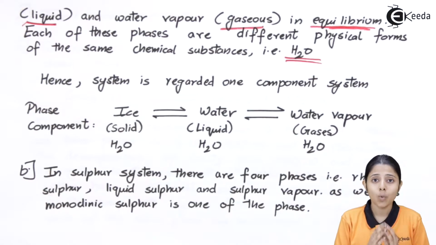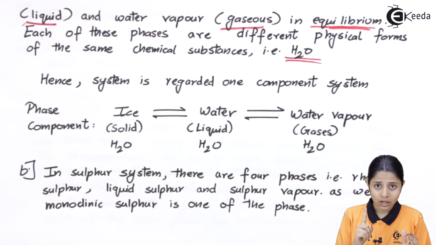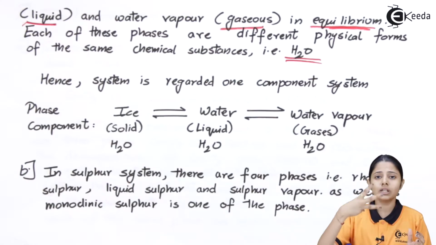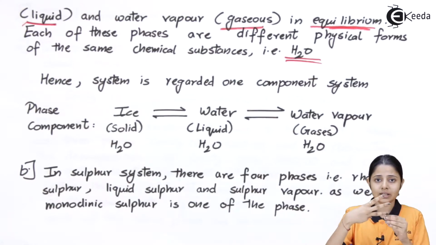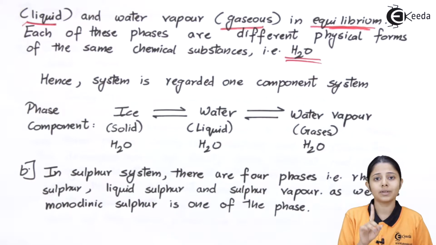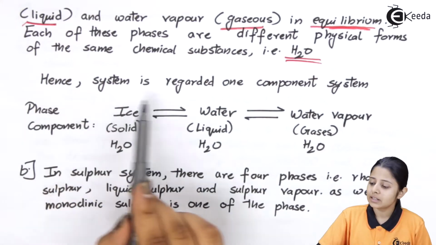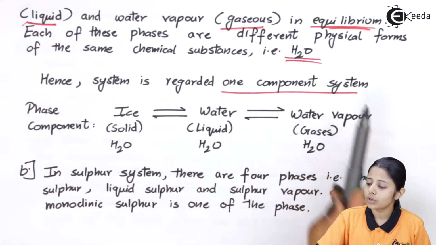That means the components of all the three phases are the same. And if the components of all the three phases are the same, it will become a one component system. This system consisting of three different phases: solid, liquid and gas, but these solid, liquid and gas are made up of just one component, that is water, and that's the reason why we call this system as one component system. Hence system is regarded as a one component system.